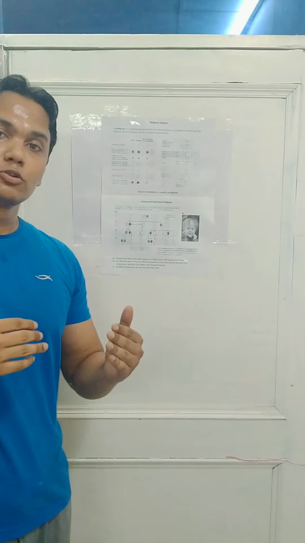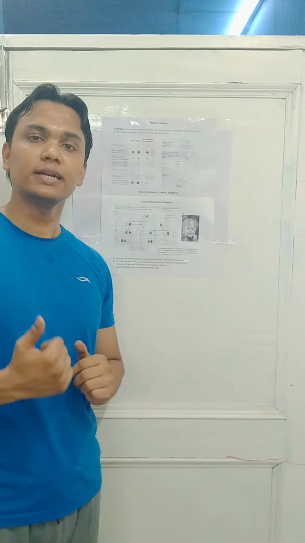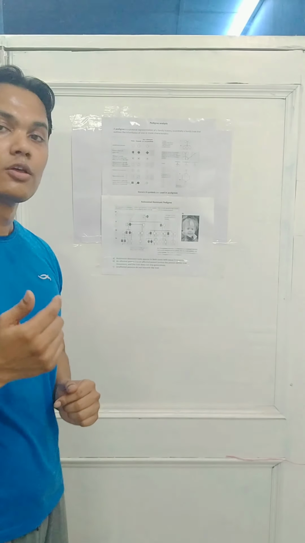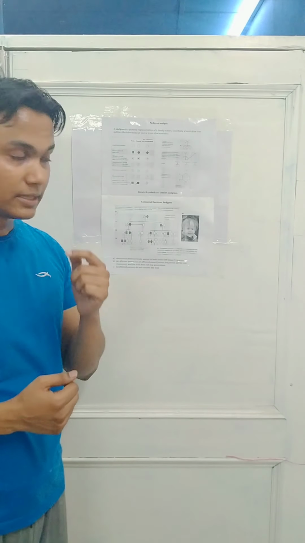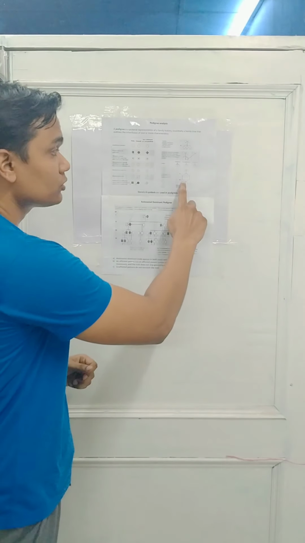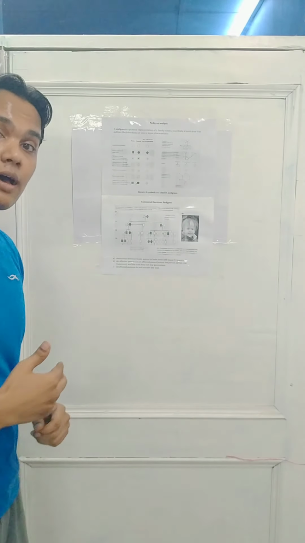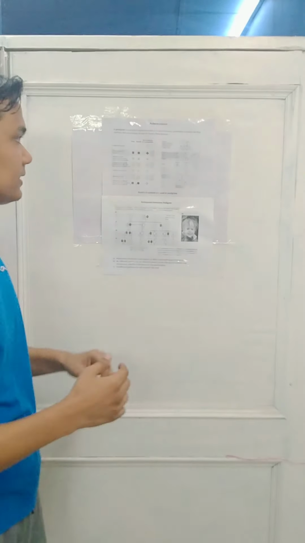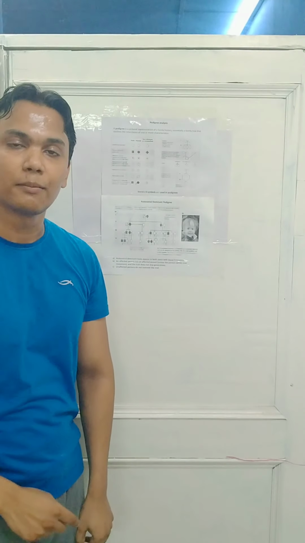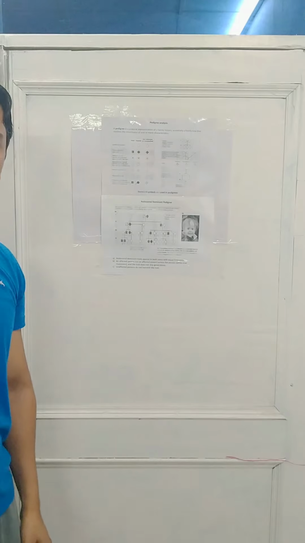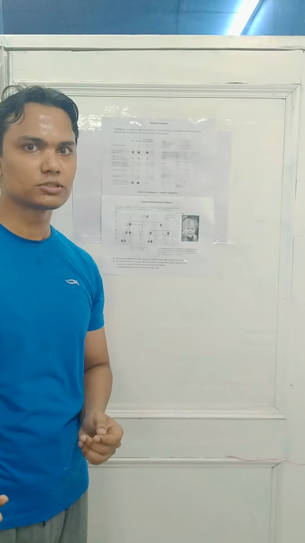Now, to show whether these two individuals are genetically related to each other, we use these double lines. That means these two individuals, a female and a male, are marrying, but they ultimately belong to the same family. They are closely related individuals. So we have to show that they are closely related.